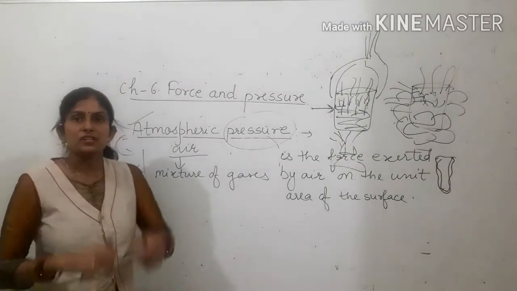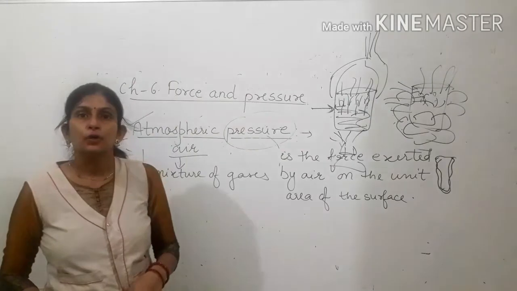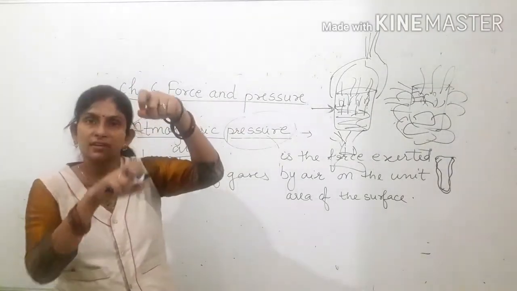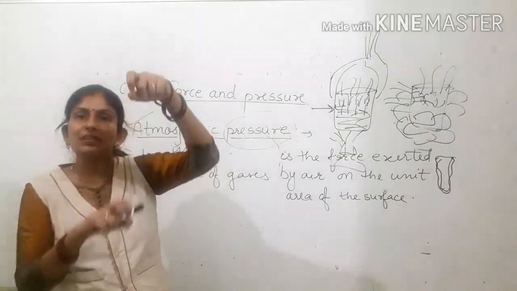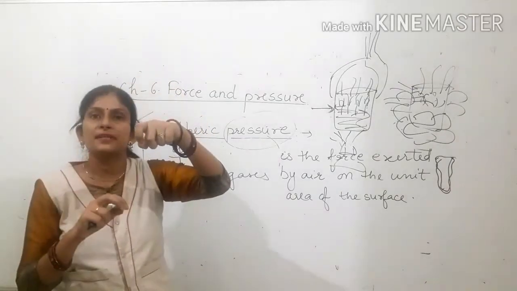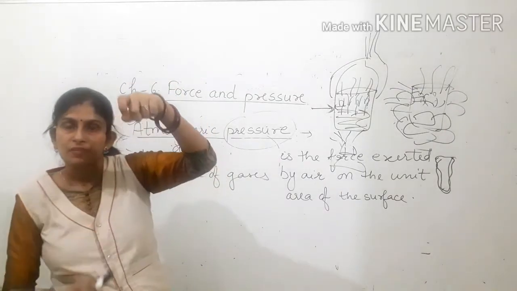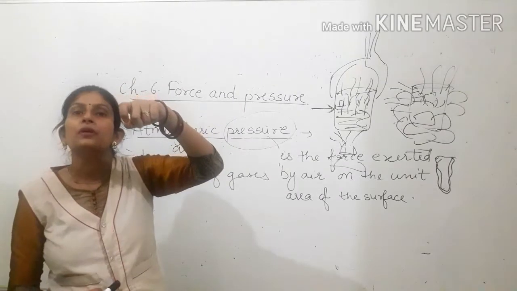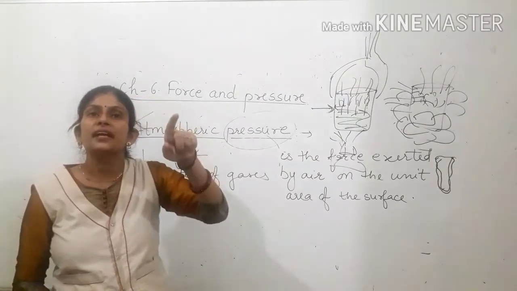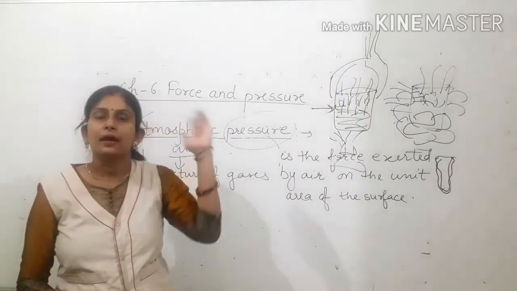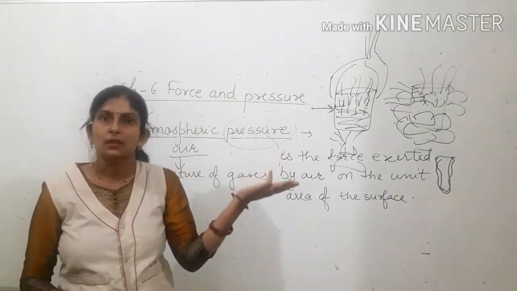In the same way, in an injection syringe, you pull the syringe. As you pull the syringe, all the air present in the syringe is pushed out. So this reduces the air pressure inside, and outside there is air, so there is more air pressure.